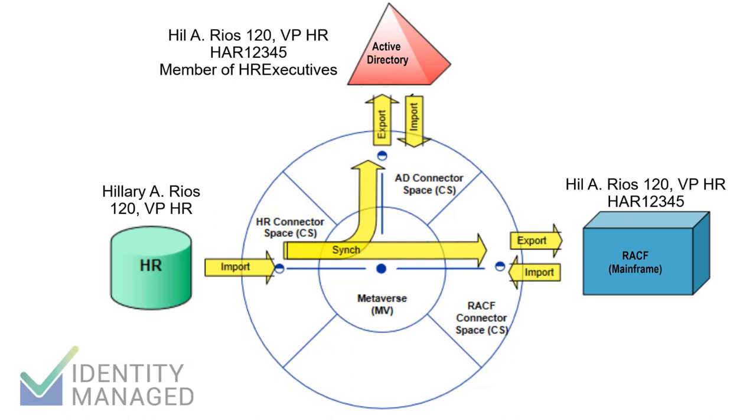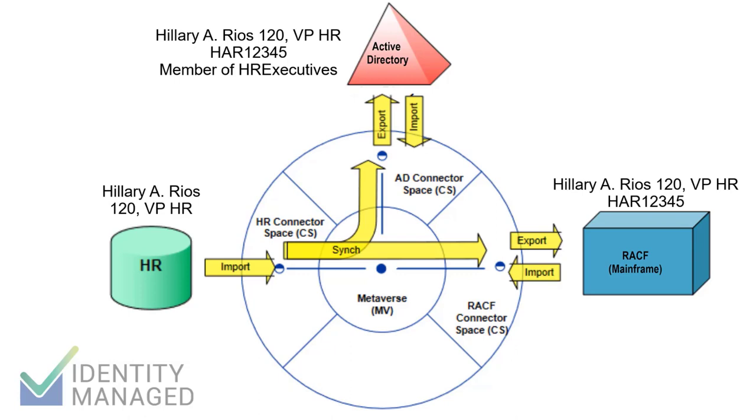And then on the export to AD, we update, and Hilaria becomes Hillary, and then on the update to RACF, Hilaria becomes Hillary. So you can see how the data can flow and how the sync engine is the staging area plus this composite view of the world.